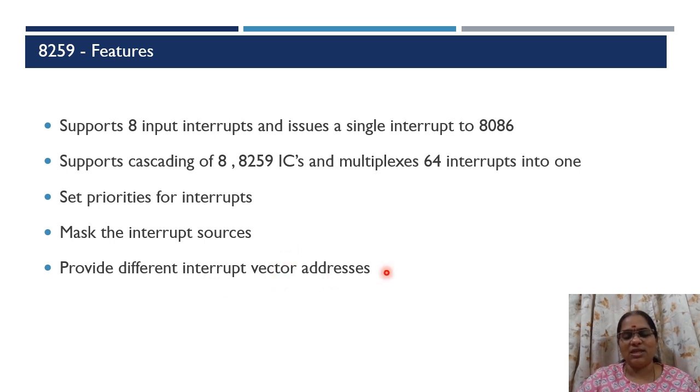Service routine means, if a particular interrupt occurs, you have a sequence of program to be executed for that particular interrupt, and that will be stored in memory. The starting address of that particular interrupt service routine is stored in a table called the interrupt vector table, which holds only the addresses of all your interrupts. So that will be stored in an interrupt vector address.